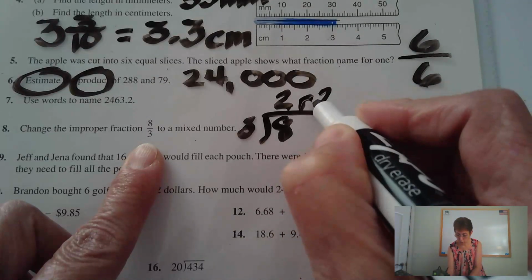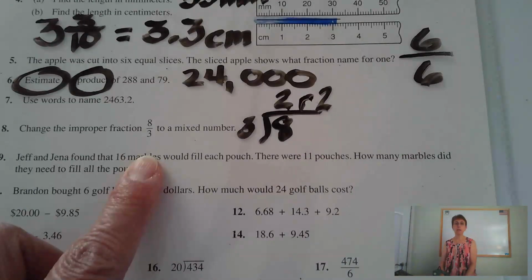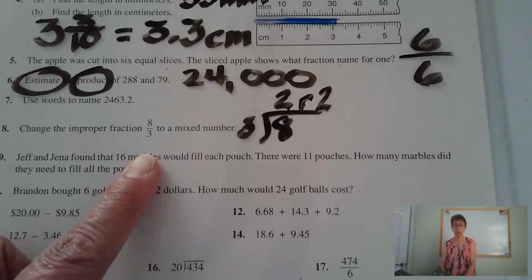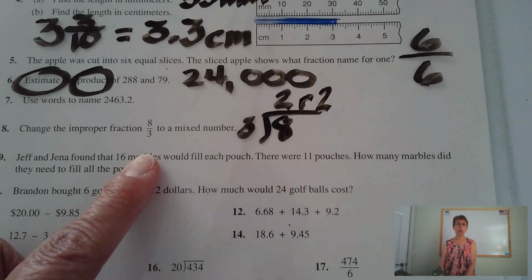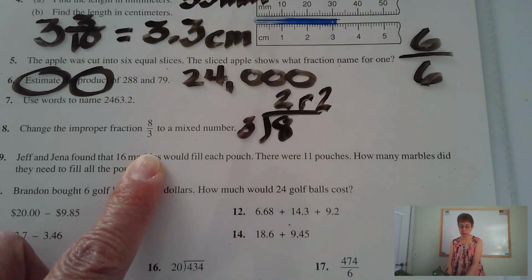So your quotient here would be 2 with a remainder of 2, because 8 divided by 3 equals 2, and then you have a remainder of 2, because 2 times 3 equals 6, and 8 minus 6 gives you that remainder of 2.